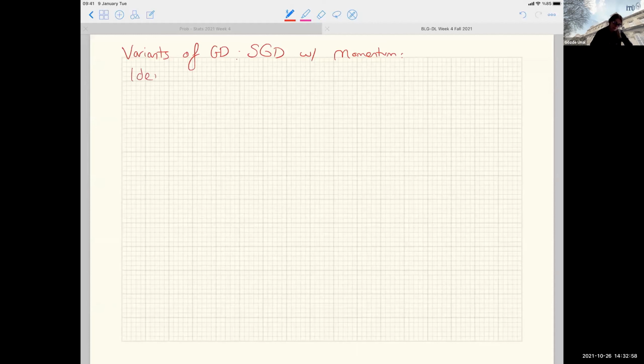So the idea is to smooth out. How do we do this? We use gradients from the previous iterations, right? Smooth out your gradients to speed up and to improve your gradient descent.